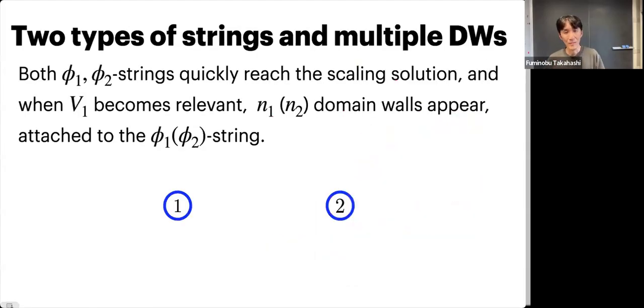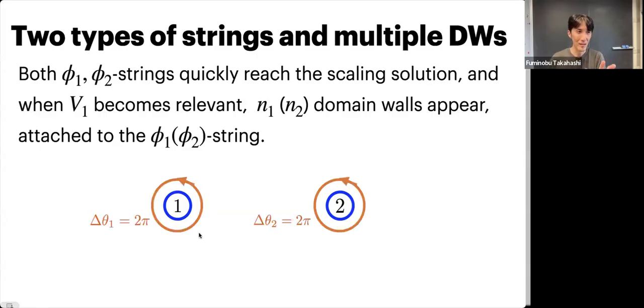As I mentioned, because we consider the post-inflationary scenario, there are two different kinds of cosmic strings, phi1 strings and phi2 strings. Let's consider the phi1 string. Around the phi1 string, phi2 is almost constant, and only phi1 changes.